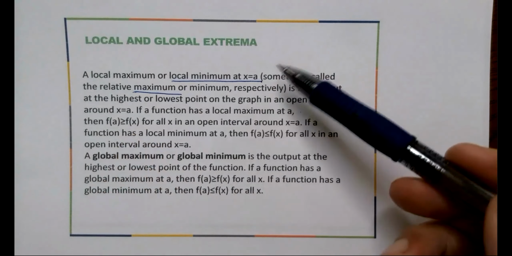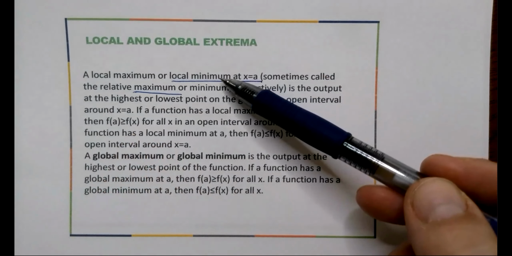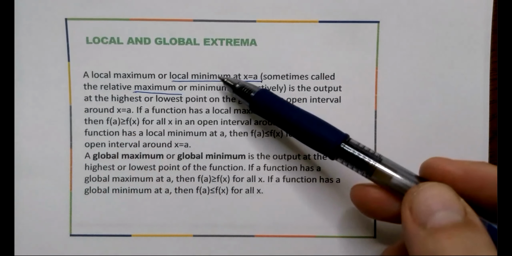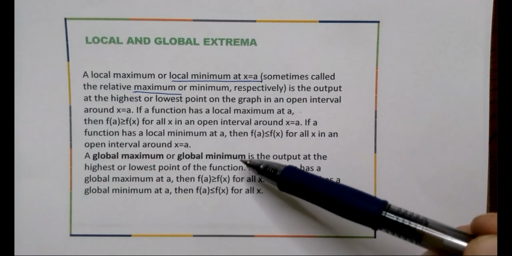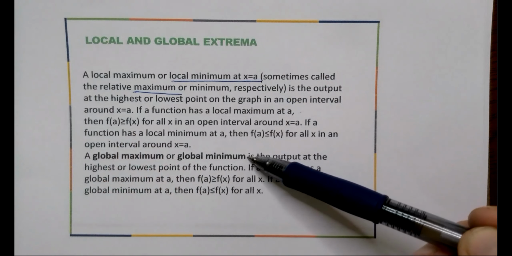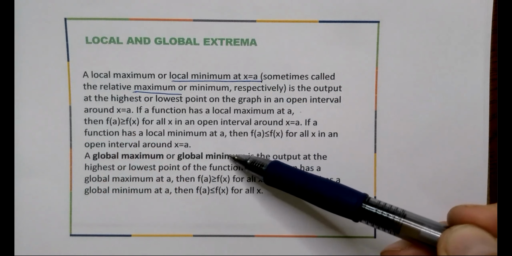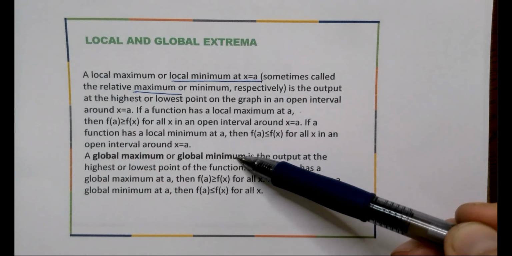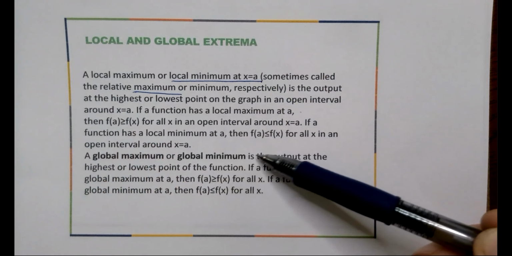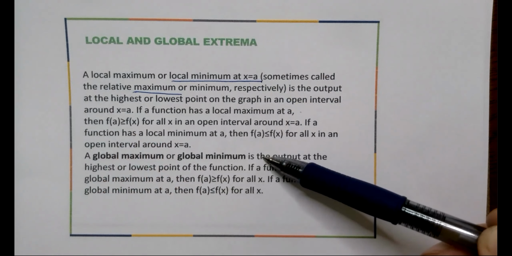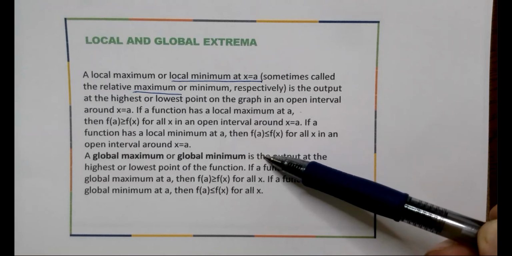So these are peaks and valleys locally, and these are globally, meaning for the entire function. If it's a global maximum, that's the highest point in the entire function, and if it's a global minimum, then it's the lowest point in the entire function.